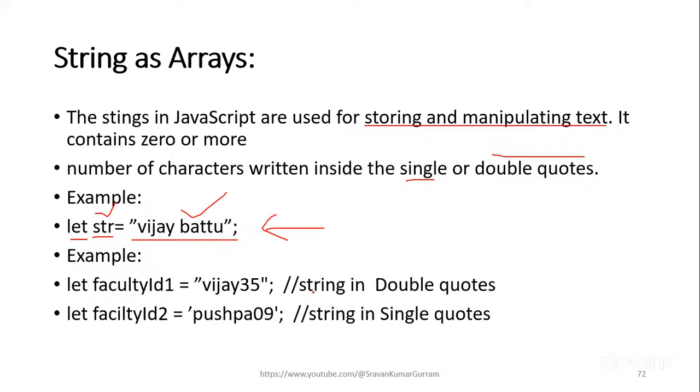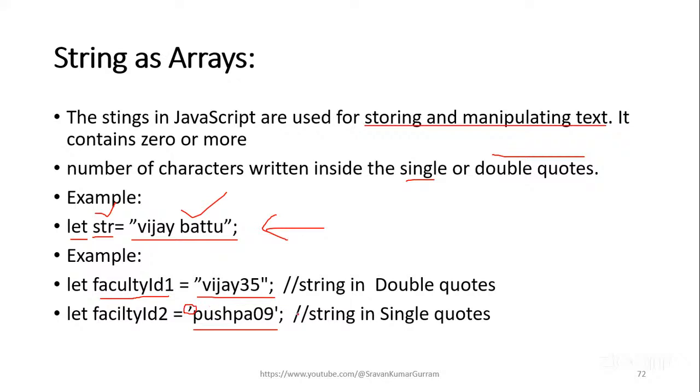Clear, I hope. Next example, as I said to you already: let string variable name, assignment, double quotation mark, any name, double quotation mark, valid. The next statement is the same thing, but here I am using single quotation marks.